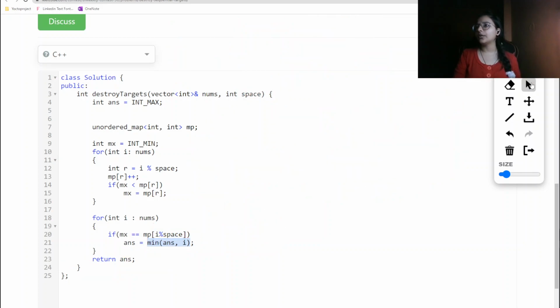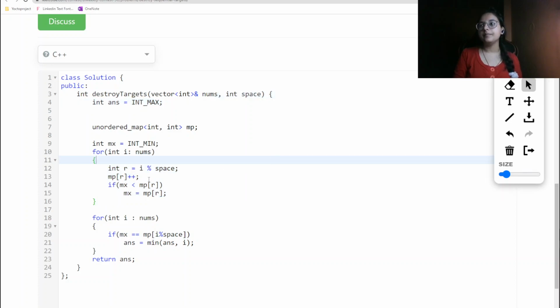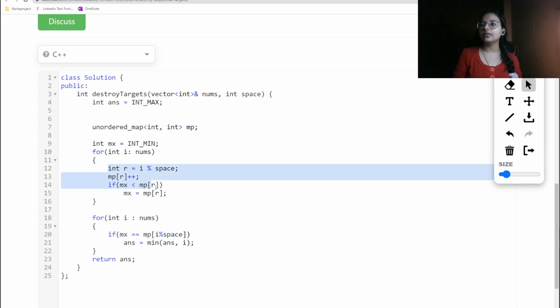Now comes the part for the time complexity and space complexity. Here we are using this unordered map which is order of 1, because we are just looking up in this hash map, and then traversing this nums one time, then traversing it a second time, right? And other operations which we are doing inside are already order of 1.